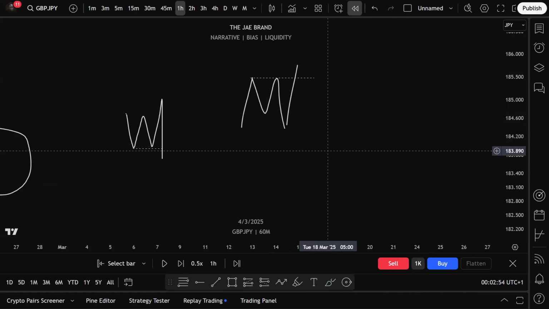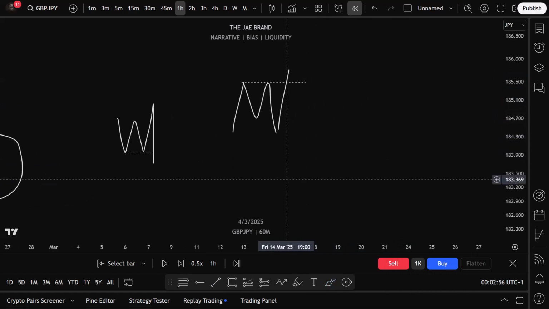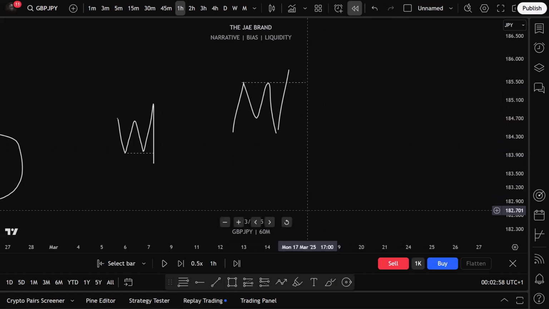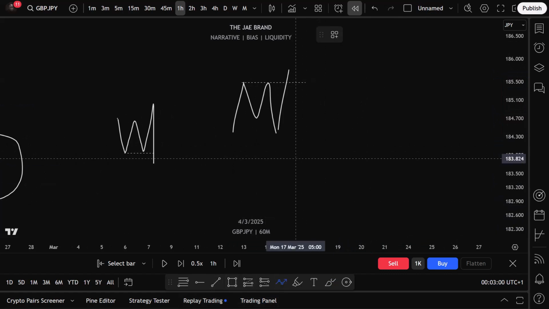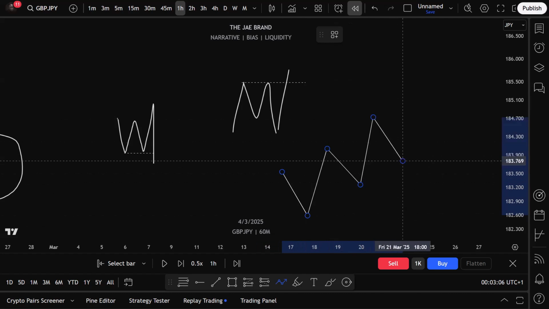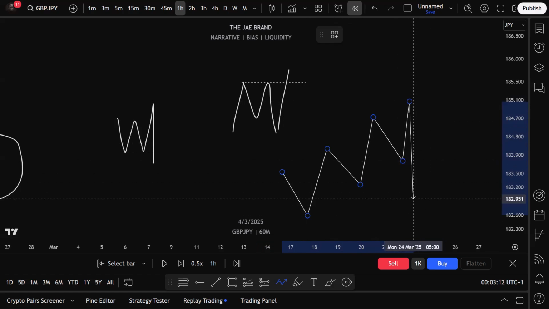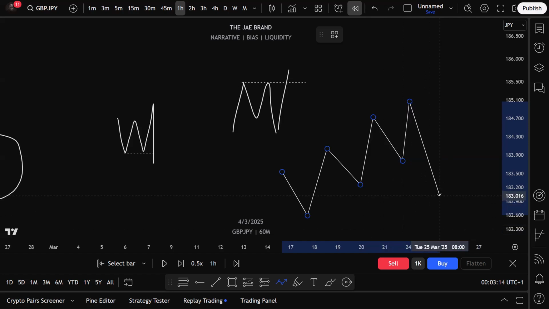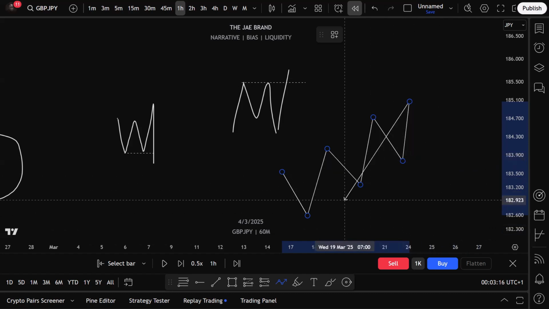And then there is another story we used to hear about trendline liquidity. When you have a trending market, we expect that price will come to sweep all this liquidity.